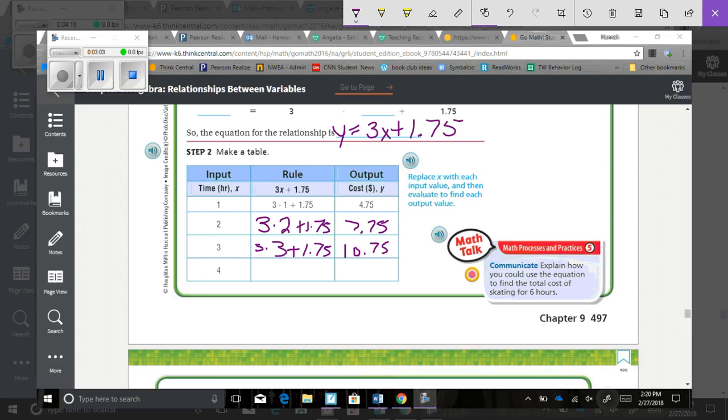And for 4, we're doing 3 times 4 plus $1.75. 3 times 4 is 12, plus $1.75 is $13.75. So all you're doing is replacing x with each input value, then evaluating to find the output value. It sounds like a lot, but it's just everything that we've used so far. We just need to plug it in and solve it.